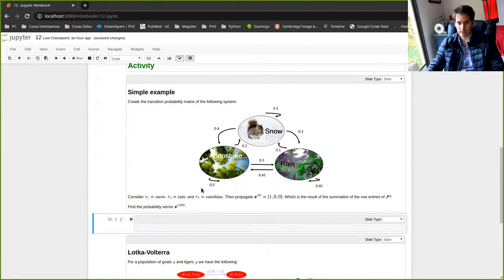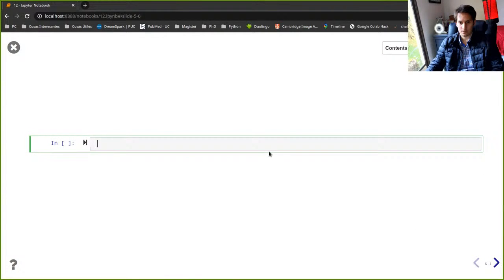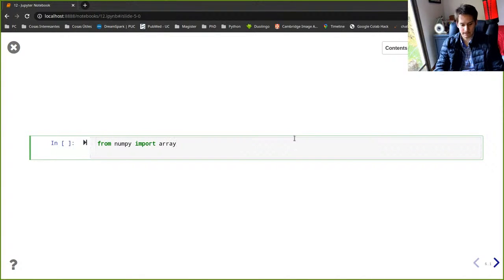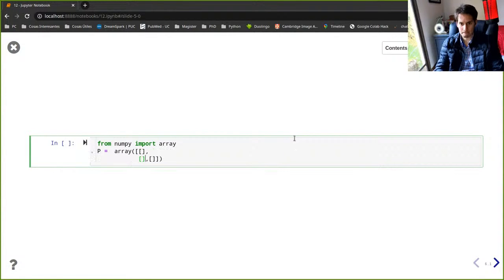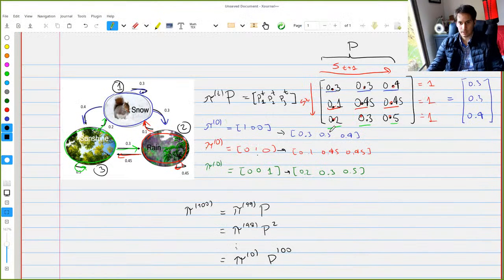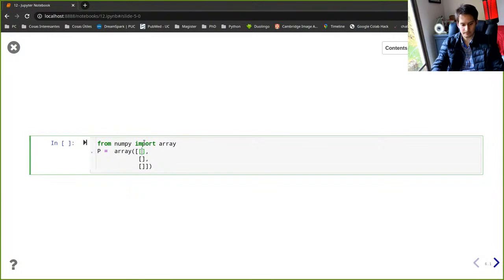So create another cell. Here we had our from numpy import array, our matrix P equals array, and our matrix was 0.3, 0.3, 0.4, 0.1, 0.45, 0.45, 0.2, 0.3, 0.5.